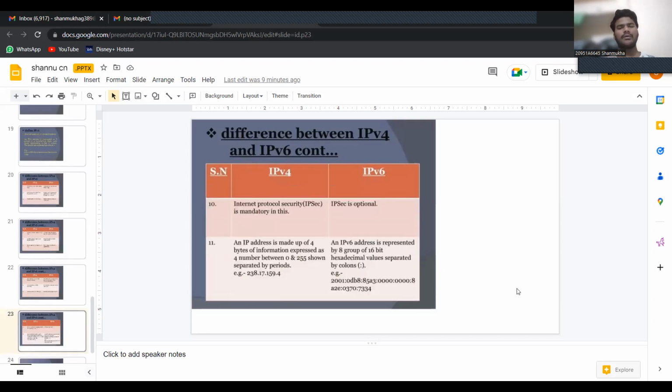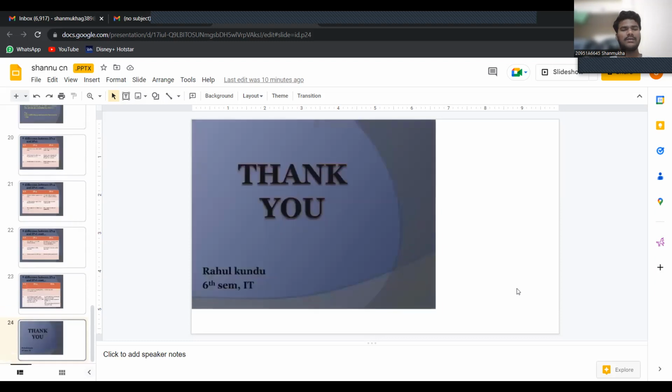Internet Protocol Security, IPsec, is mandatory in IPv6, and IPsec is optional for IPv4. An IPv4 address is made up of 4 bytes of information expressed as 4 numbers between 0 and 255 separated by periods. And an IPv6 address is represented by 8 groups of 16-bit hexadecimal values separated by colons.